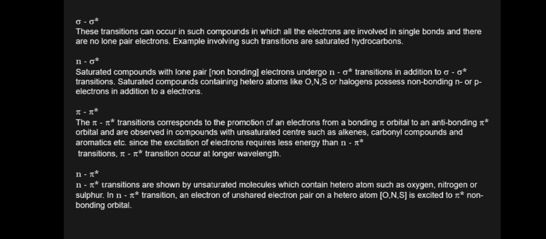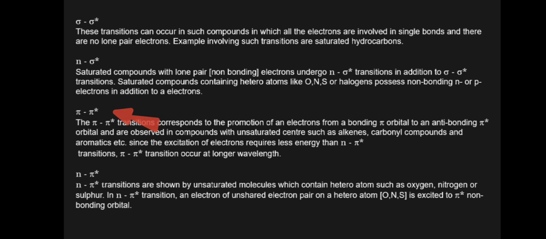Examples are saturated hydrocarbons and methane, which shows a wavelength of 125 nanometer. N to sigma star. Saturated compounds with lone pairs undergo n to sigma star transitions. In addition to sigma to sigma star transitions, heteroatoms like oxygen, nitrogen, sulfur show n to sigma star transitions. The wavelength is 150 to 250 nanometers.